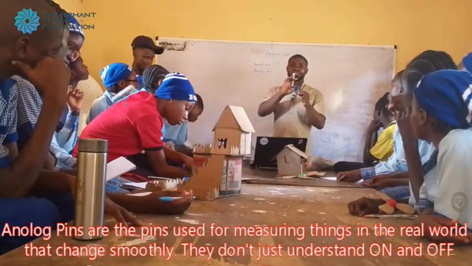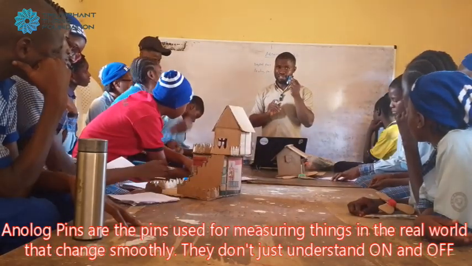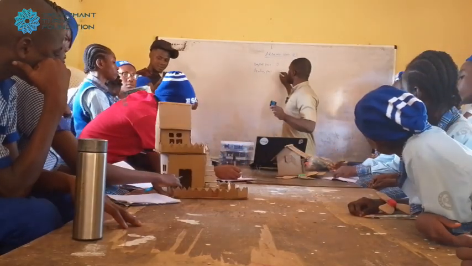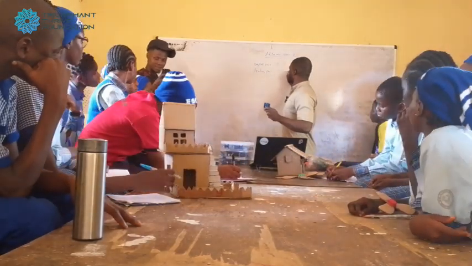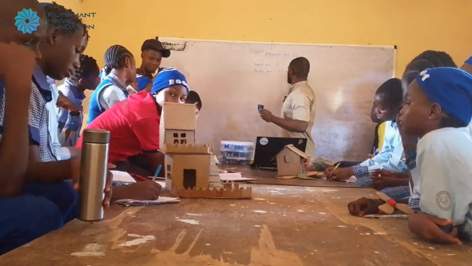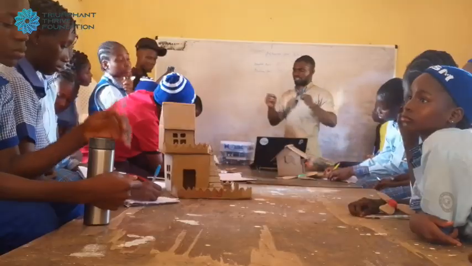And analog means it takes a range of numbers. You will come to understand why they are like that very soon. It takes a range of numbers. So in analog pins, you can get 0.1, 0.25, 0.37, a range of numbers.